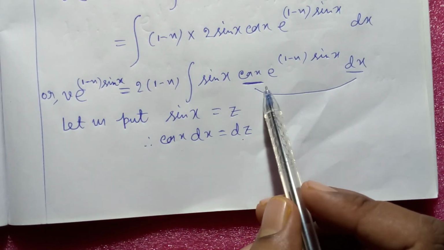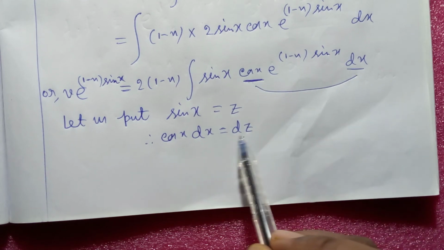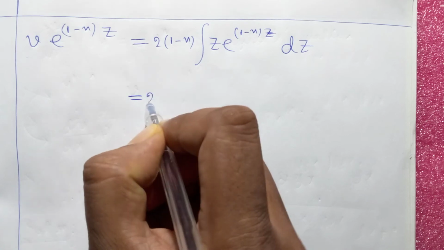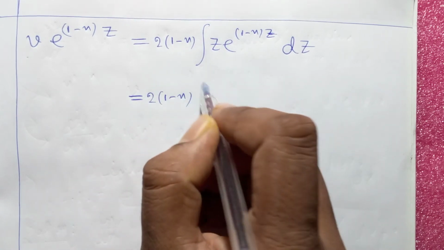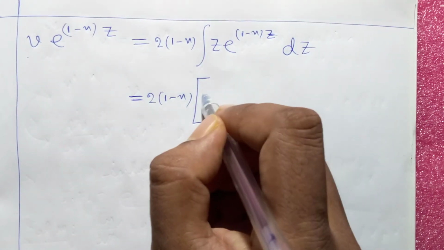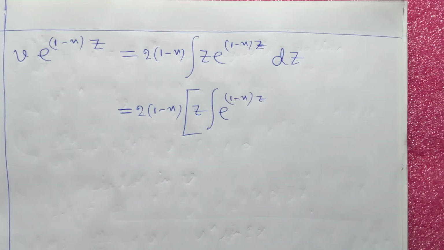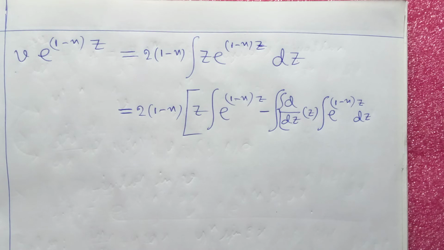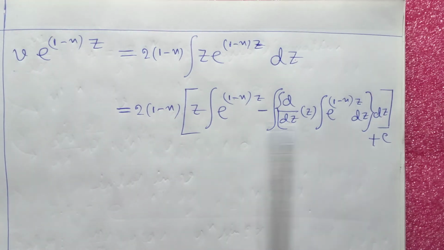Therefore in the place of cos x dx we are writing dz. After solution we are getting this thing. Ultimately we are getting this thing.